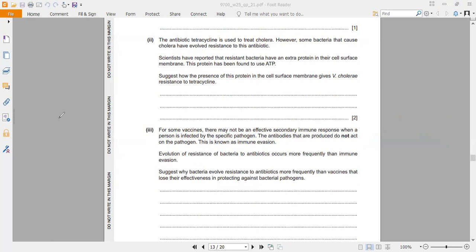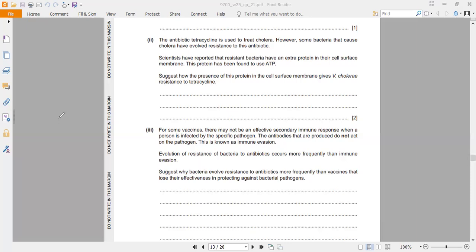Scientists have reported that resistant bacteria have an extra protein in their cell surface membrane. This protein has been found to use ATP. ATP is the energy produced by the body by the mitochondria. Suggest how the presence of this protein in the cell surface membrane gives resistance to tetracycline.